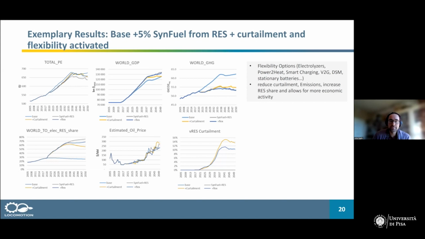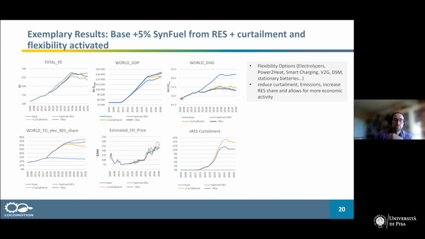What we can see if we turn on these options, that's the dark blue line, is that it reduces curtailment and increases the share of renewables in the system. And we can see in the greenhouse gas emissions again that the dark blue line is a little bit lower. And over here, the achievable GDP is higher again.